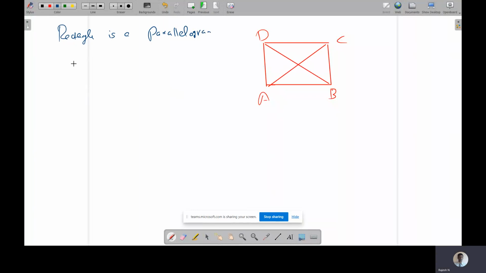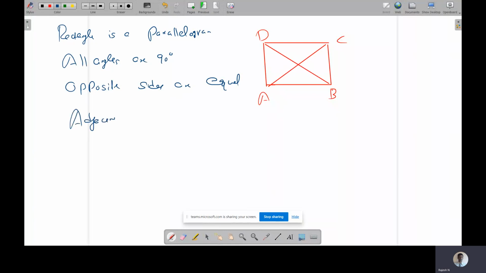Then what is the specialty? All angles are 90 degrees. Next, all opposite sides are equal. Next, adjacent angles are supplementary because 90 plus 90 is 180.